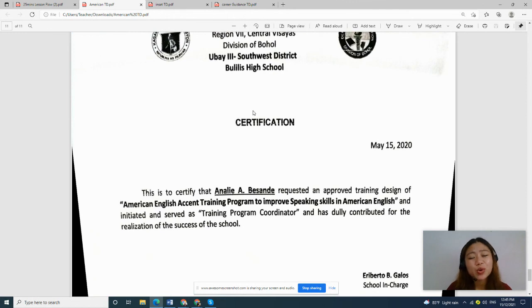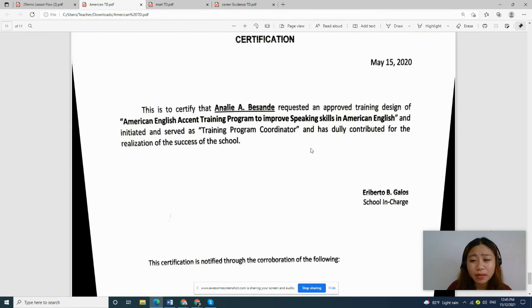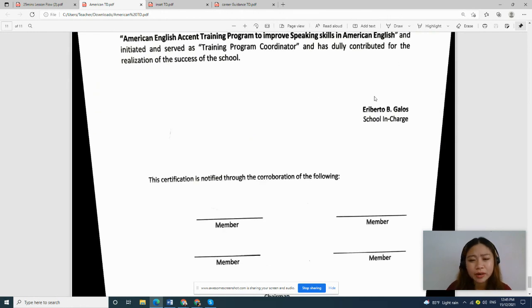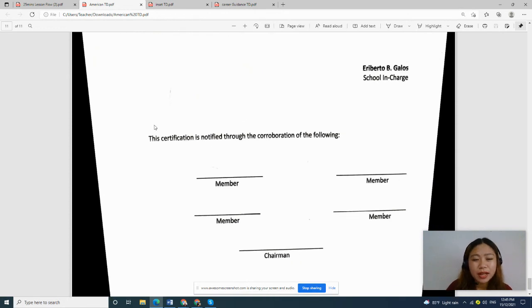After conducting a program, you can create certifications signed by your school principal or school head, or whoever is your school in charge, and corroborated with five teachers in your school. This is very important, so you are already preparing every document that you need when you apply for a promotion.